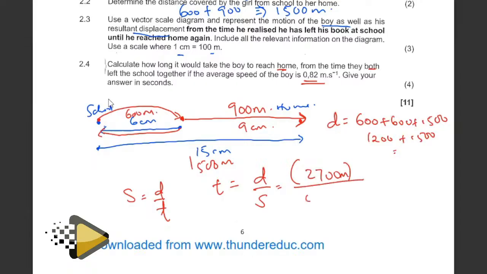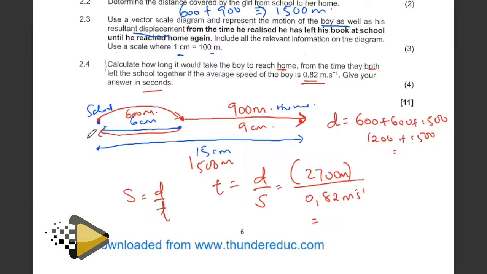The speed is 0.82 meters per second. Okay. So if I try to divide this on my calculator, saying 2.7, but they said we must give the answer in what? In seconds, which is going to be kind of a big answer.